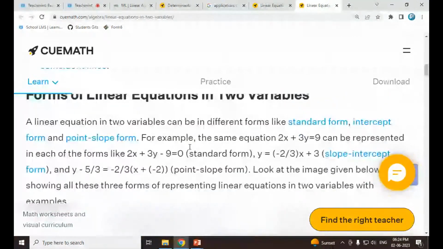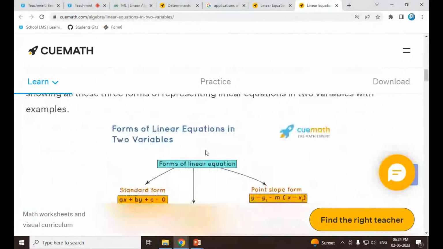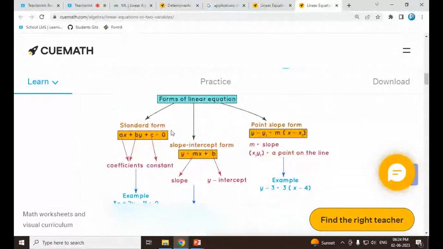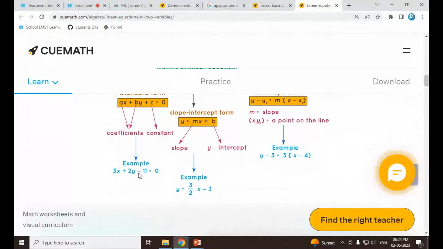Then we have the forms of linear equations. Standard form: ax plus by plus c equal to 0. Slope-intercept form: y equal to mx plus c. Point-slope form: y minus y1 equal to m into x minus x1. The same equation in multiple formats. Again, an example is given here: 3x plus 2y minus 11 equal to 0, and there are 2 unknown variables here.